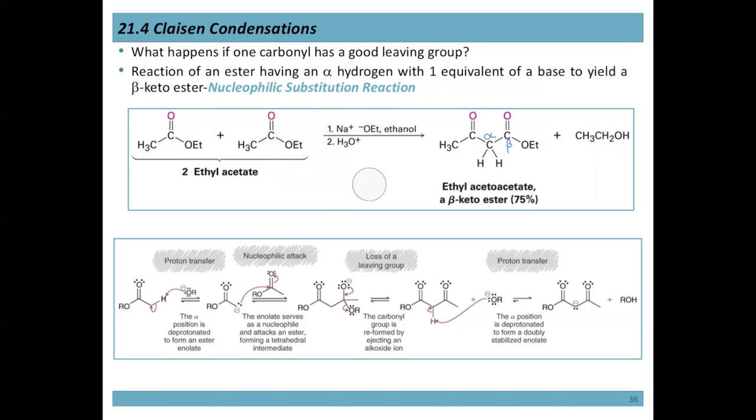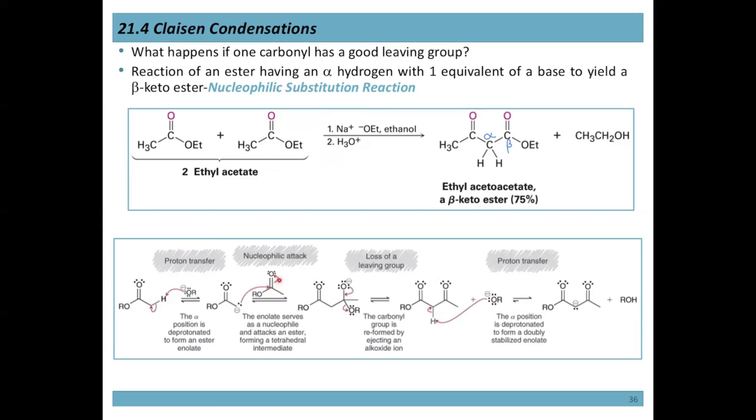So let's look a little bit closer at the Claisen condensation and see what is happening. Nothing new in the first step. We pull off an alpha proton and park those electrons at the alpha position. Then as we move across, we have this enolate that is looking for an electrophile. In this case, it is going to be the carbonyl of an ester.